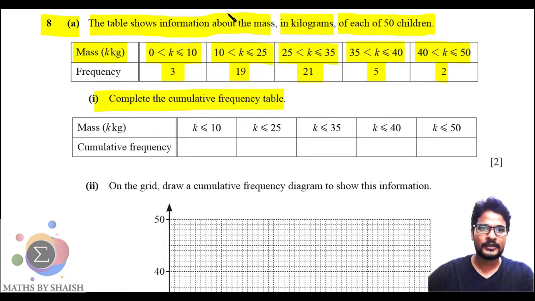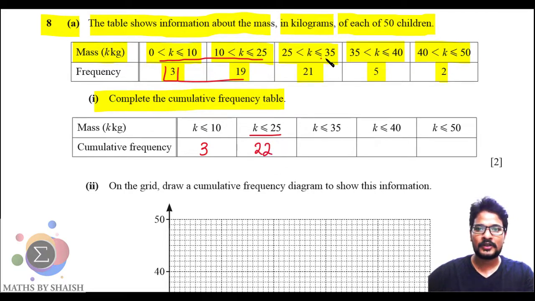If it is cumulative, we are going to add till the previous also. Like here it says k less than 10. We find the students whose weight is less than 10, so of course there are going to be these 3 from the first column. But when it comes to k less than 25, we calculate till the last: that is 19 plus 3, 22.